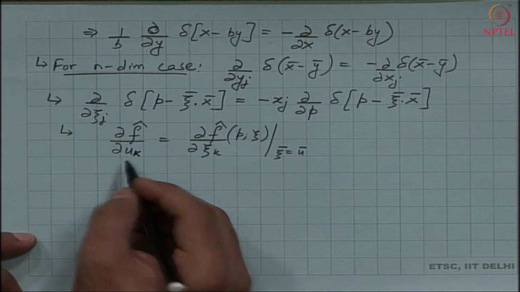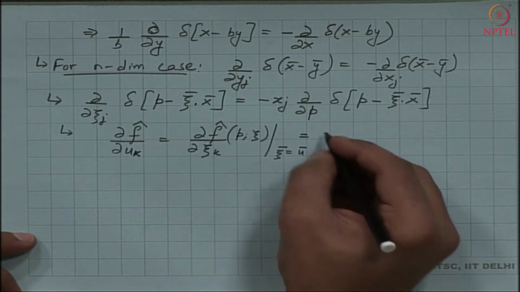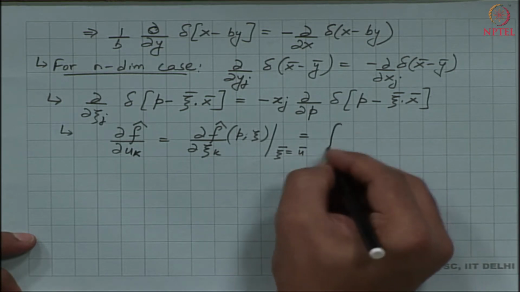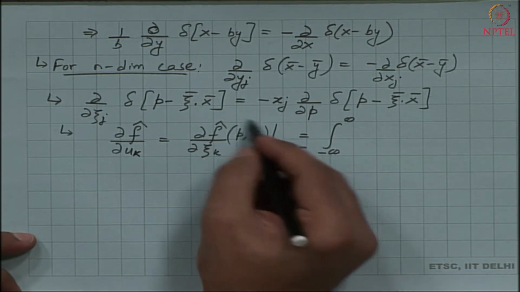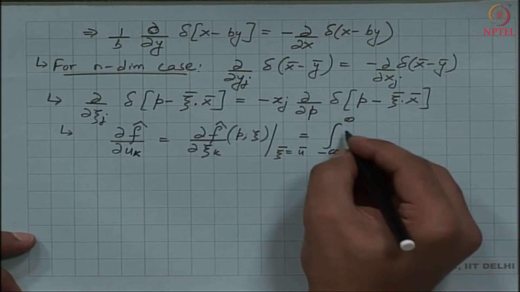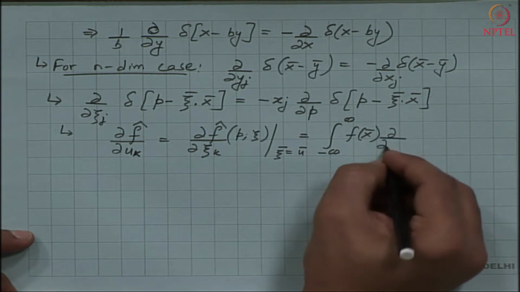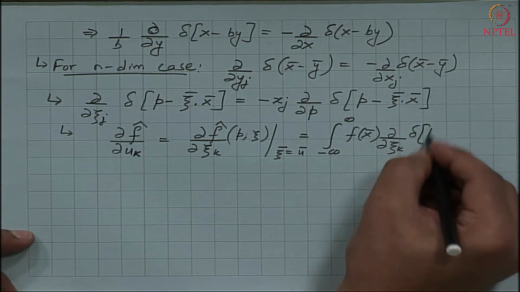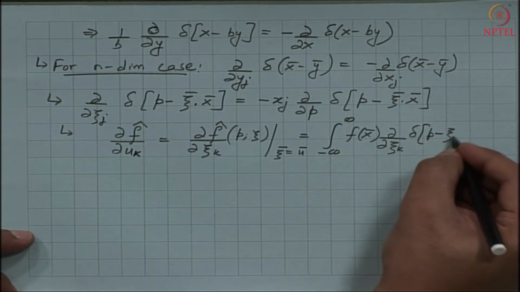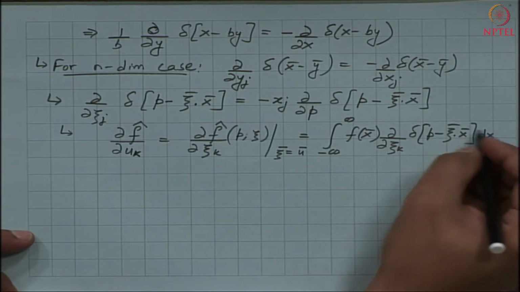Notice that this particular derivative can be written as an integral from negative infinity. I am now going to replace my definition of the Radon transform here. My Radon transform is the integral of f of x times the derivative with respect to zeta k of delta of p minus zeta dot x, dx.